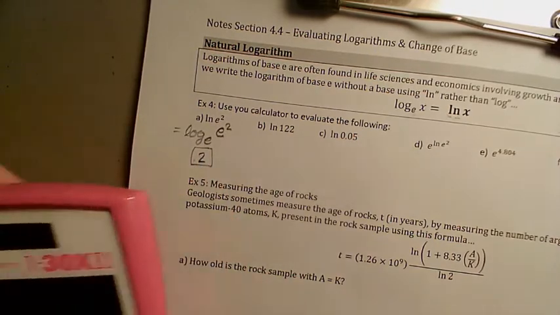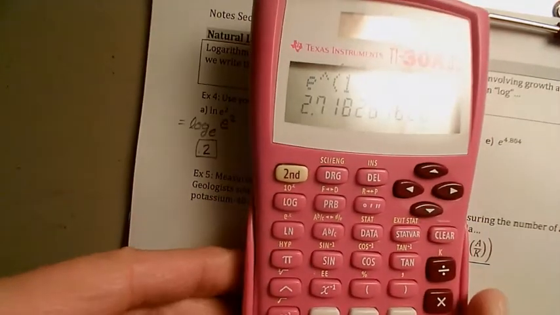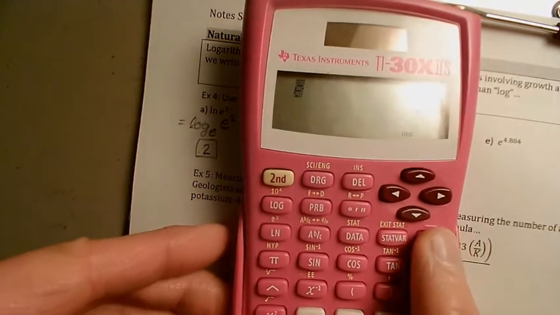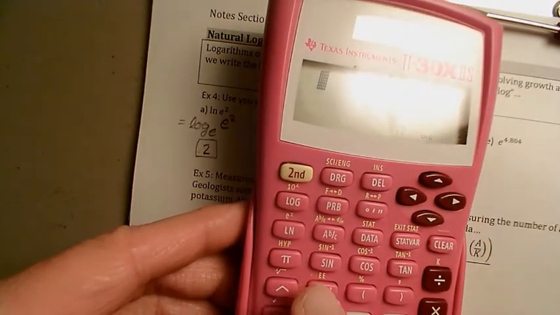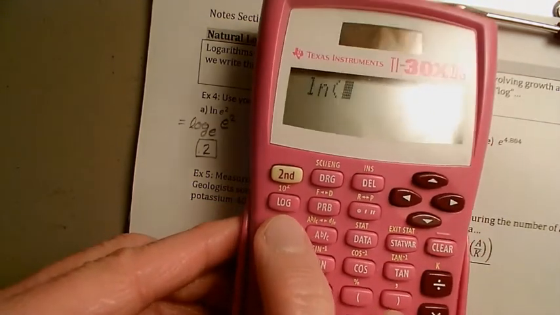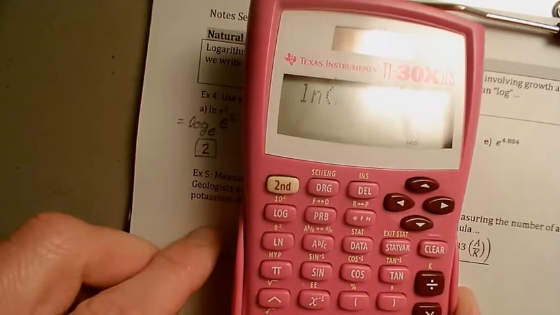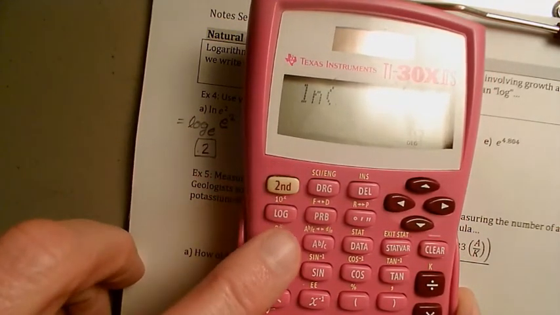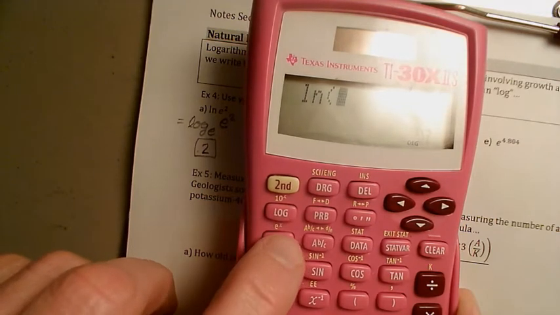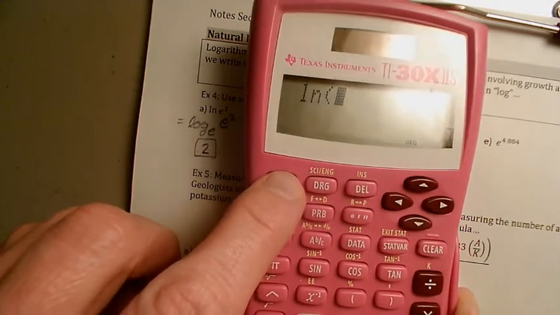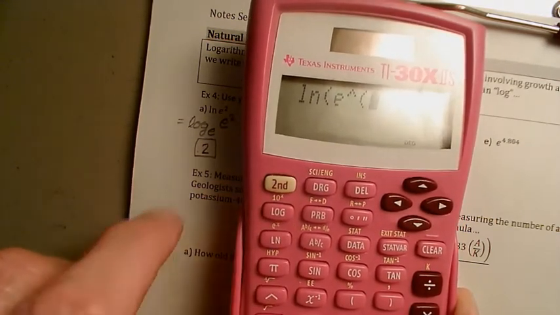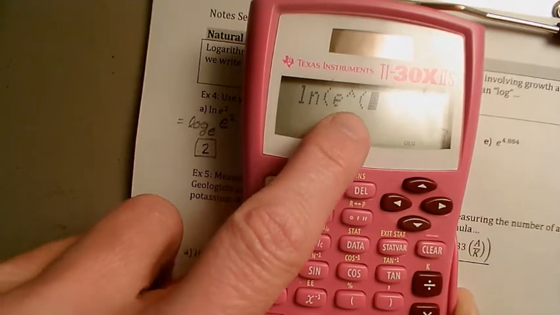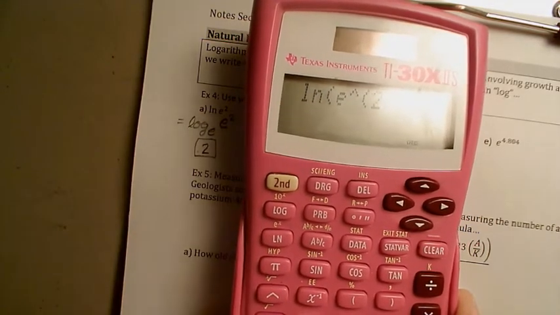Now we could see that if we look at our calculators, and we did this in our calculators. Let's clear this. So we do the natural log, so the natural log, this time we want e. So I'm going to do second natural log, which is the e raised to the x power. So second log gives me the natural log of e raised to the second power.